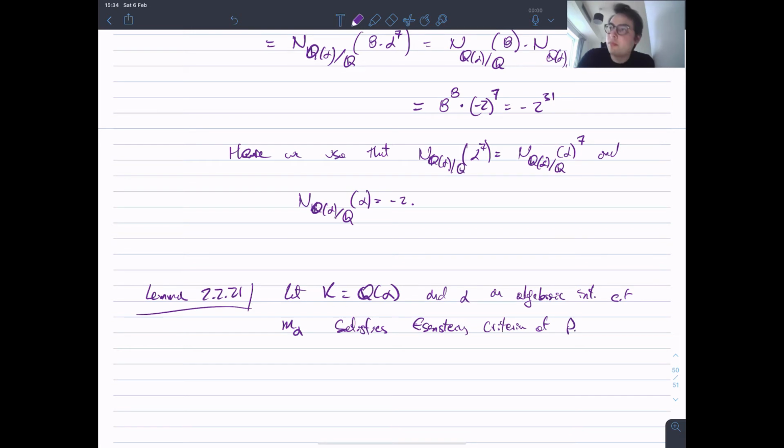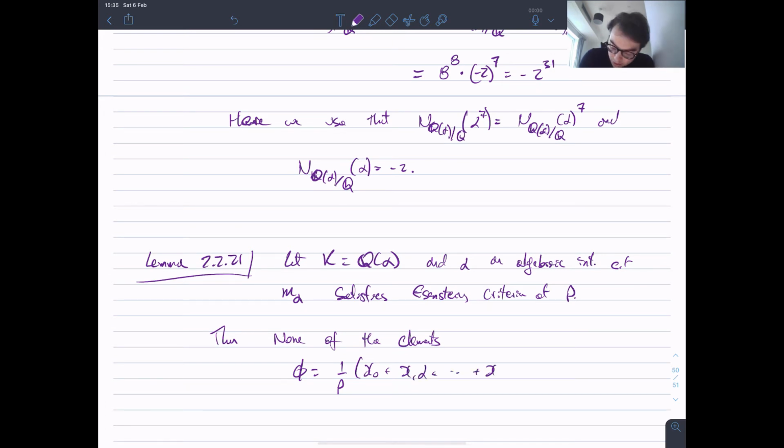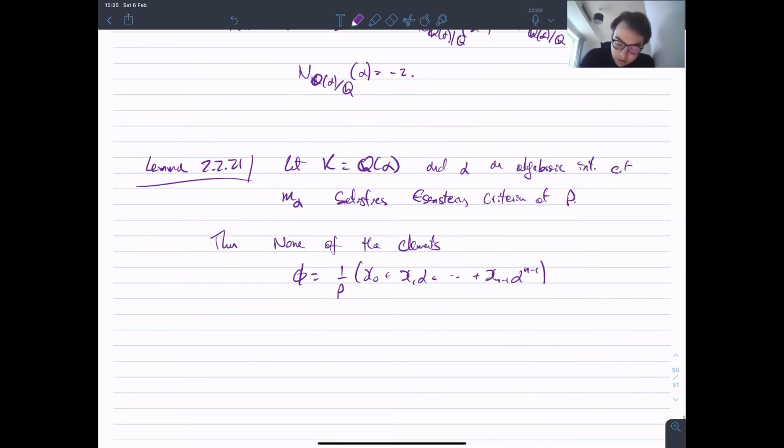So yeah, at the prime p. Then none of the elements phi of the form 1 over p times x0 plus x1 alpha plus up to x_{n-1} alpha to the n minus 1, none of the elements that look like this are algebraic integers.